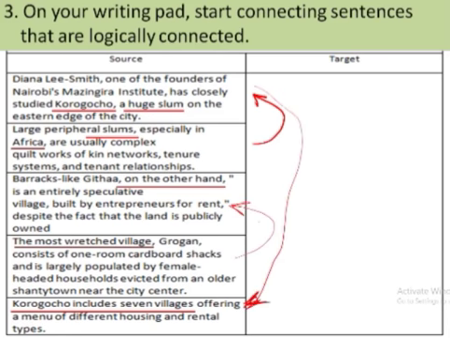Now if you look, Korogocho came in the first sentence, and Korogocho was there in the last sentence also. In the last sentence they are saying Korogocho includes 7 villages. Now of course one of these has to be before the other one. In the first sentence they are telling you that Korogocho is a huge slum.